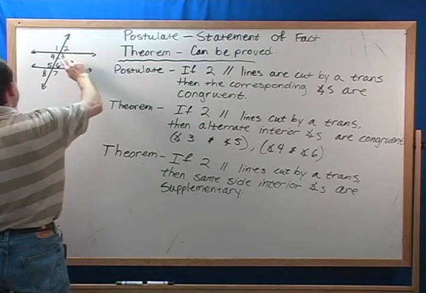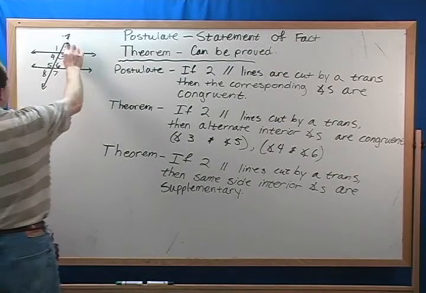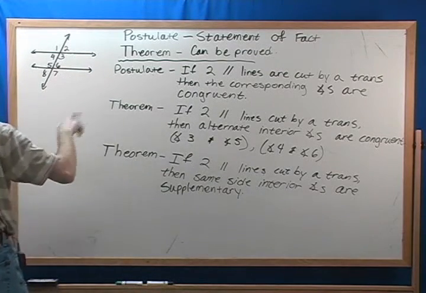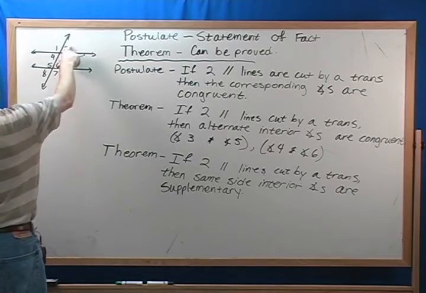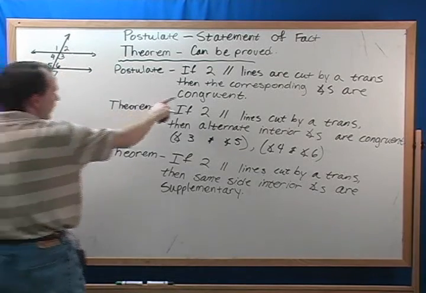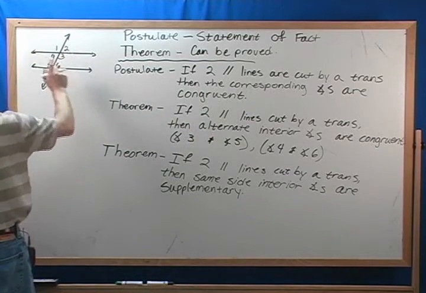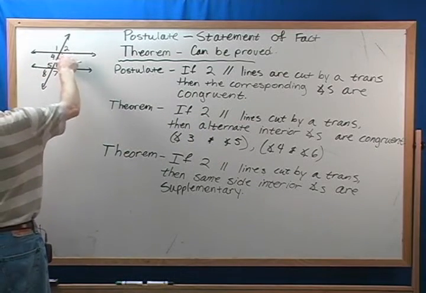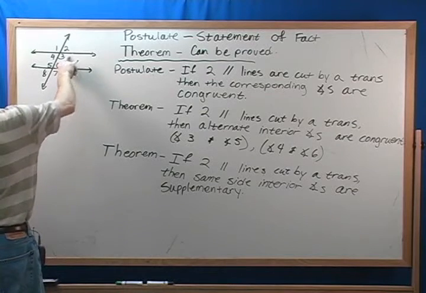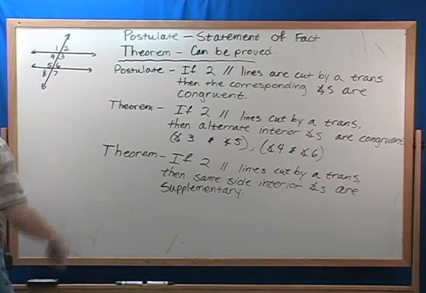But since 2 is the corresponding angle to 6, which means these two are equal, and we just learned that corresponding angles are congruent, then angle 3 and angle 6, when you add them together, must be equal to 180 degrees.